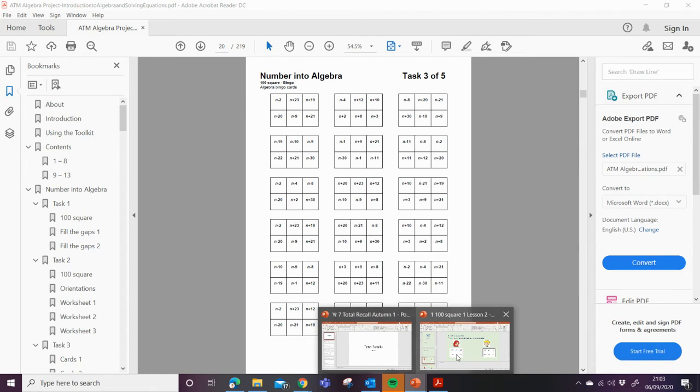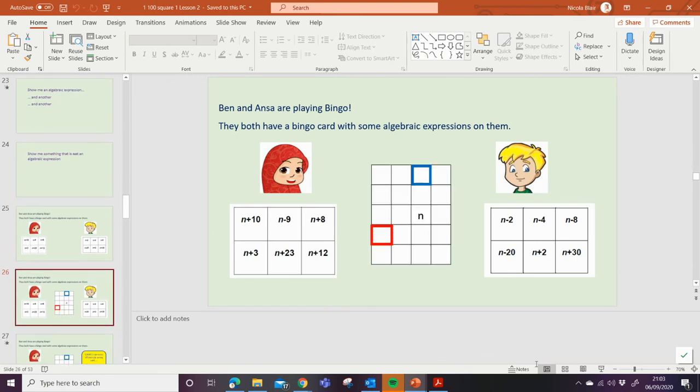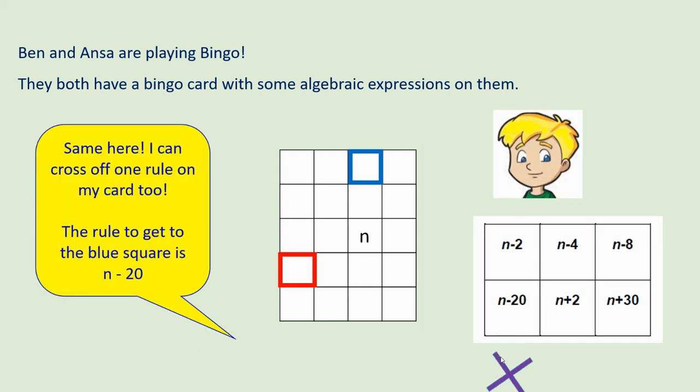Okay, and then the bingo game is explained in the book, but just in brief, Ben and Answer do their own explanation. So they're looking to be able to cross off their rules. Now, with any game like this, just read through, check you understand it. The children just want to win, and they're quite happy to cheat, particularly if you're stood at the front of the classroom.